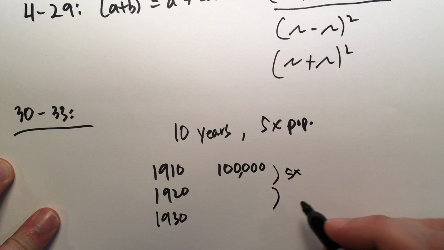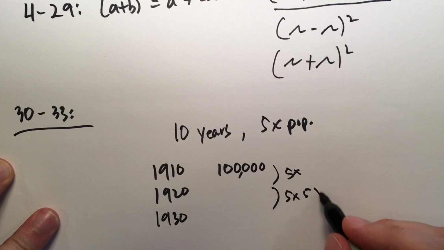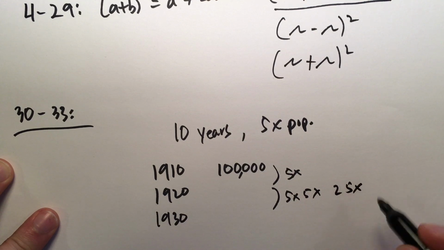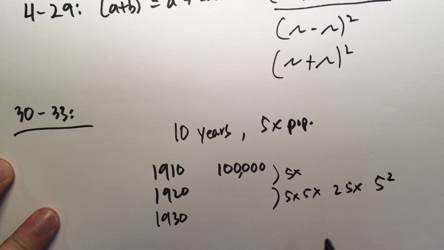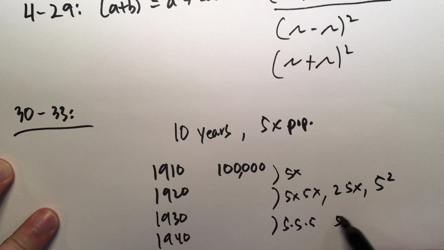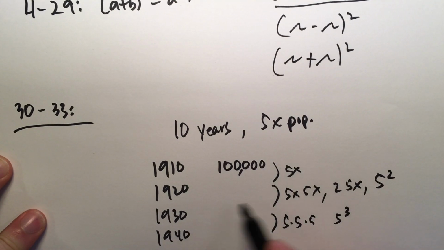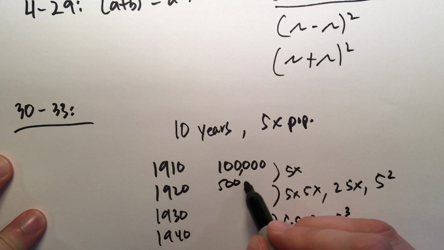In 1930 is 10 more years, so we're going to have 5 times 5 times, so that's 25 times, or 5 squared times. In 1940, another 10 years passes, so we have 5 times 5 times 5, or 5 cubed. You see the pattern?